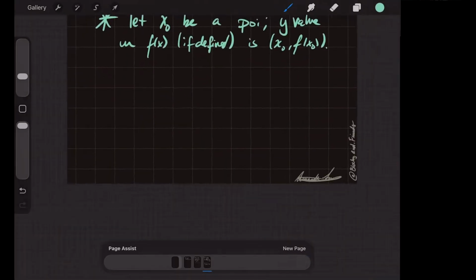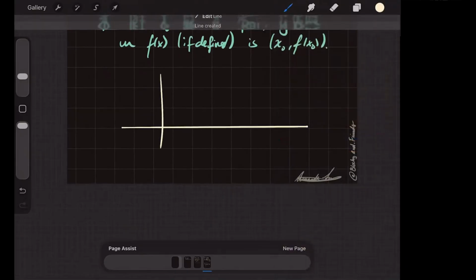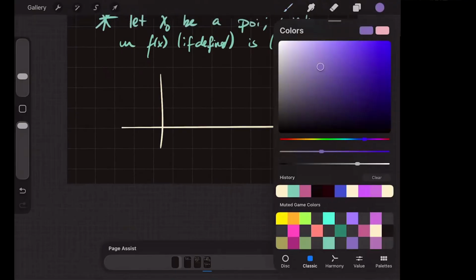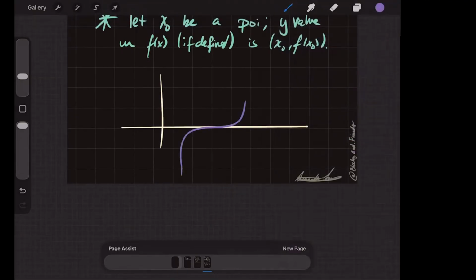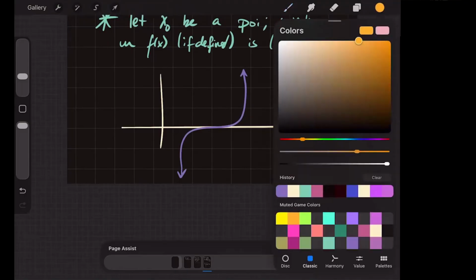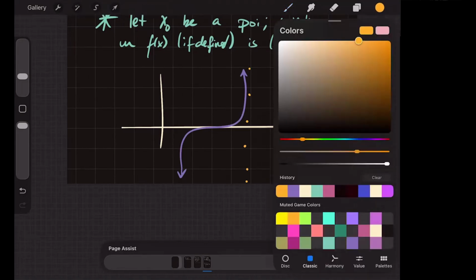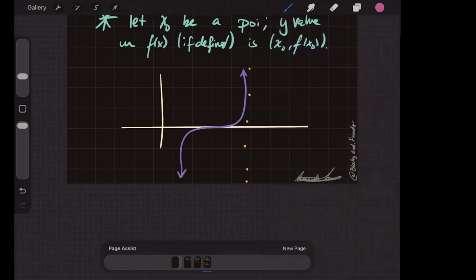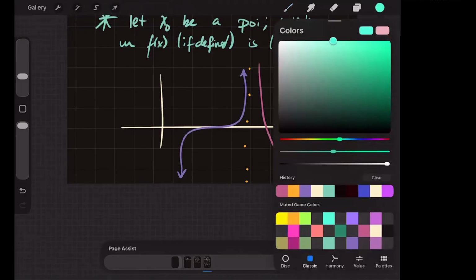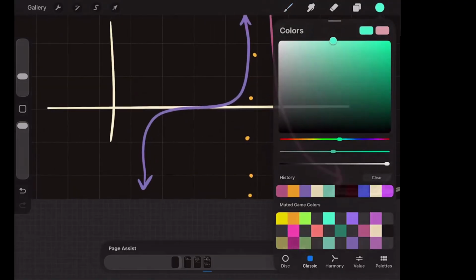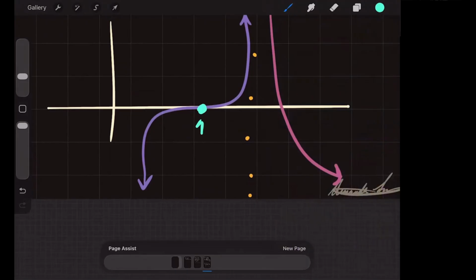So for example, if you have a function that looks a little bit like that, and there's an asymptote right here, and then it goes like that, I'm going to tell you that there's a point of inflection here, and there is a y value.